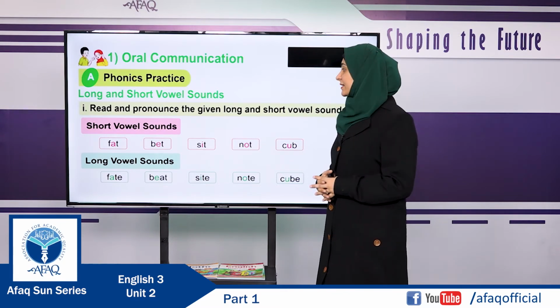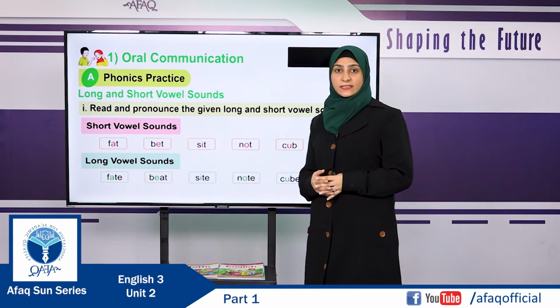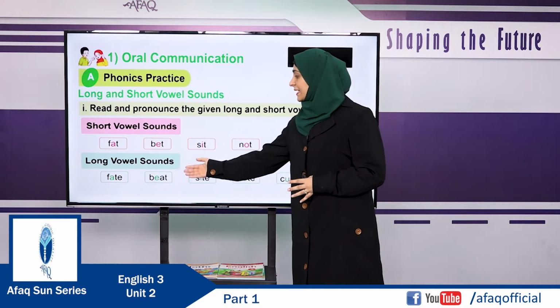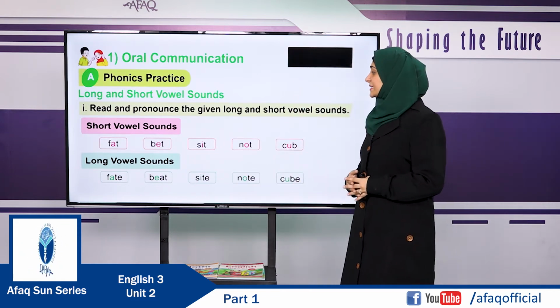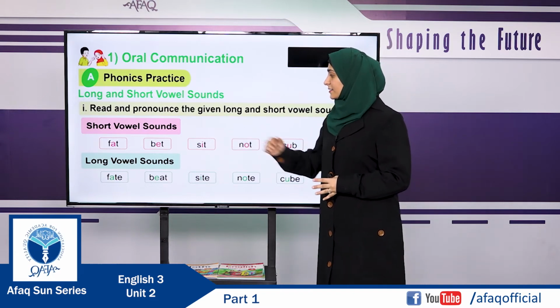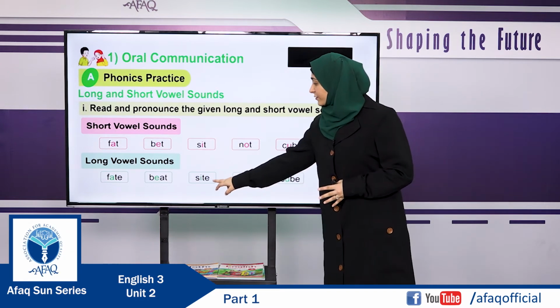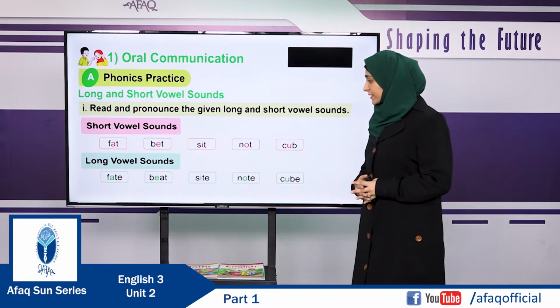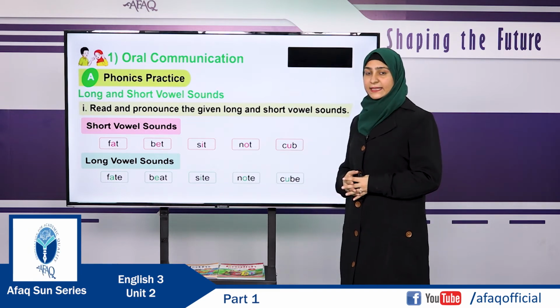In the same way, BET makes bet and BEAT makes beat. Same goes with sit, making a short sound, and if we write E at the end of the word, the same vowel will make a long sound, making it sight.